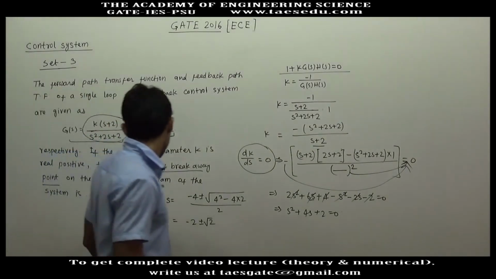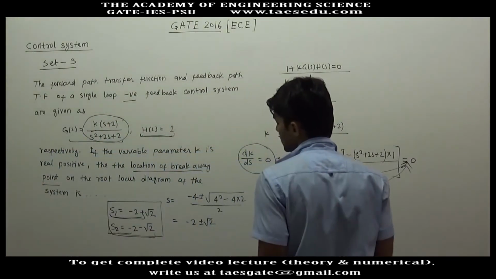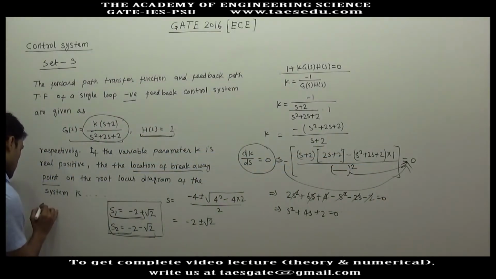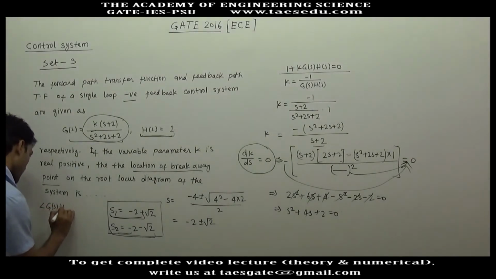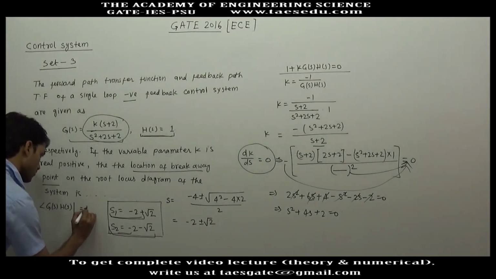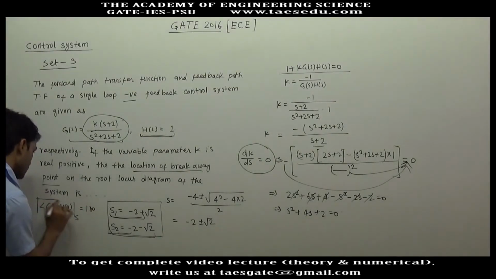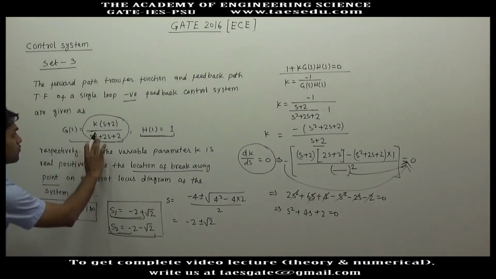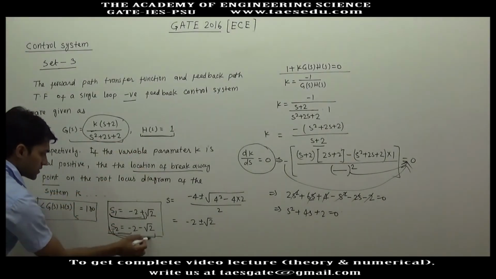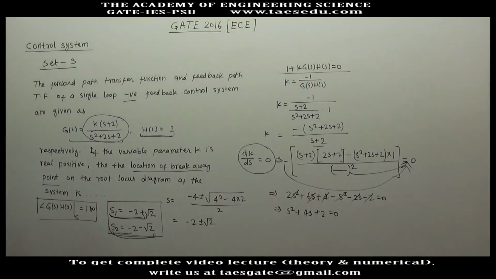To check whether it is lying on root locus or not, if a point s1 is lying on root locus, then the angle of GsHs at that point s will be equal to 180 degree. This is one method. So we have value of GsHs, put these two values of s, and if that quantity is real negative, the angle will be 180 degree.